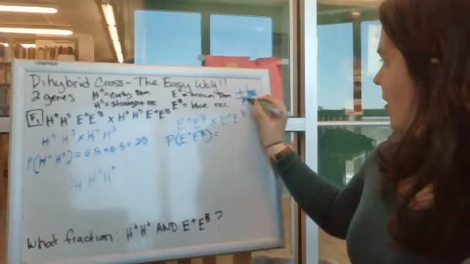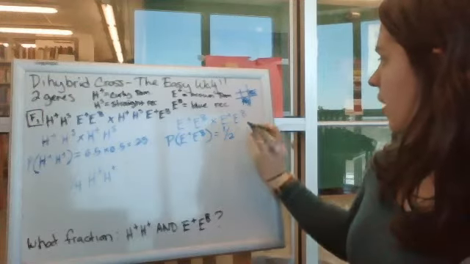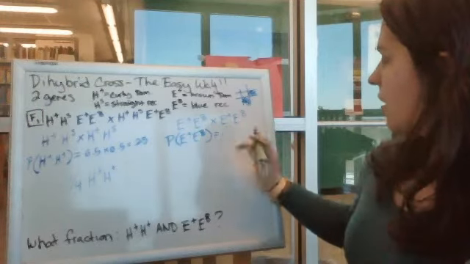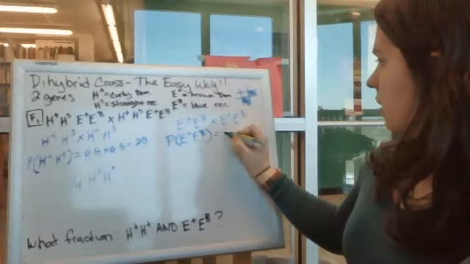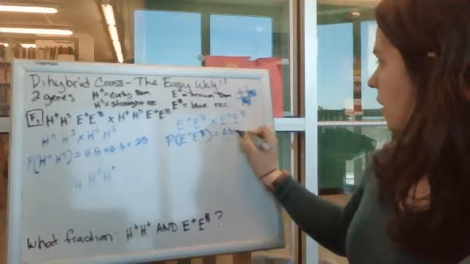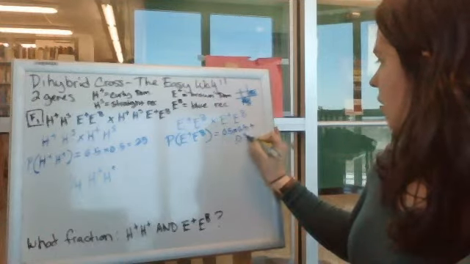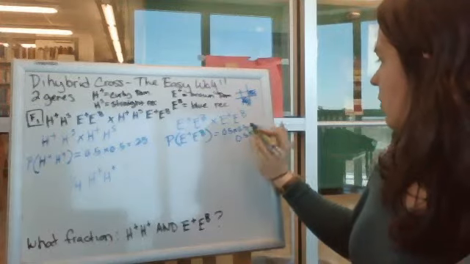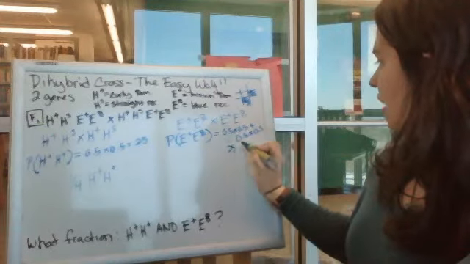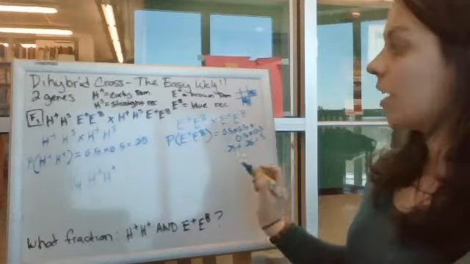This square and this square are going to be heterozygous. So you have a 1/2 probability. The way you would do this out mathematically is 0.5 times 0.5 plus 0.5 times 0.5. So this would be 0.25 plus 0.25, which equals 0.5. That's the longhand way of doing it.